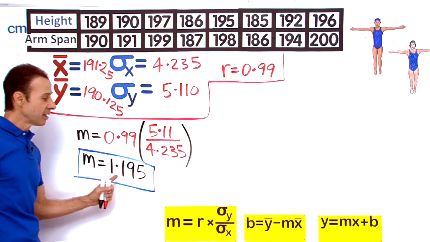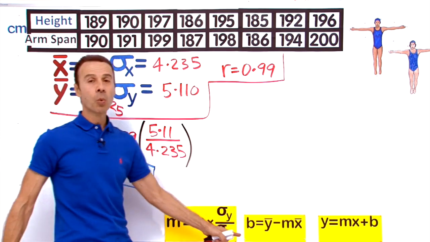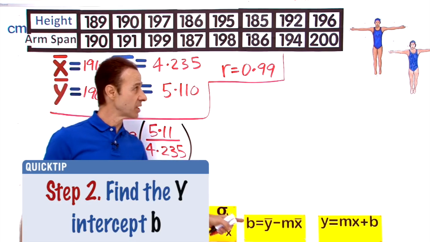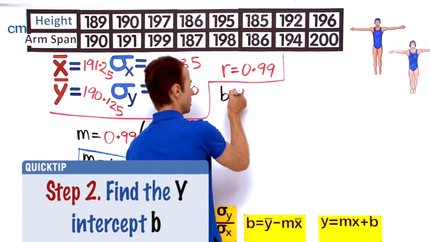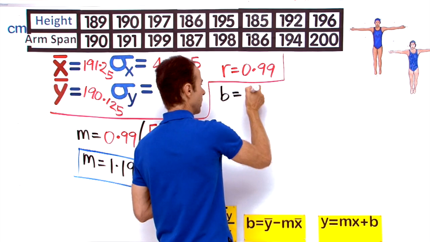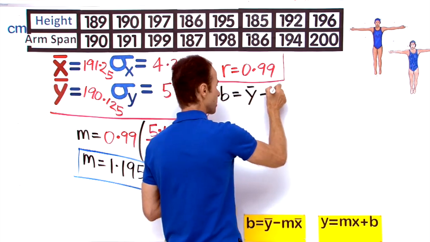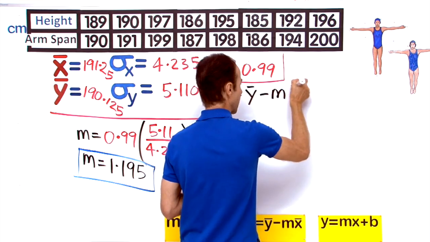So we've got the gradient. Now the next thing we want to do is find the y-intercept, which is b. So let's write this formula up here. b equals the mean for the y-scores minus the gradient times the mean for the x-scores.